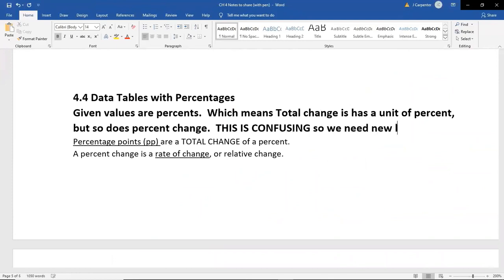So we need new language. That new language is percentage points.